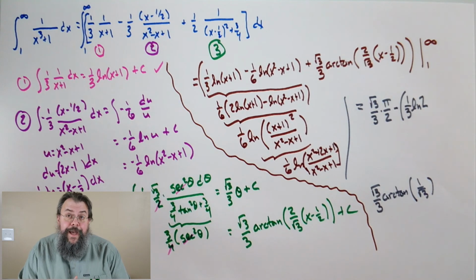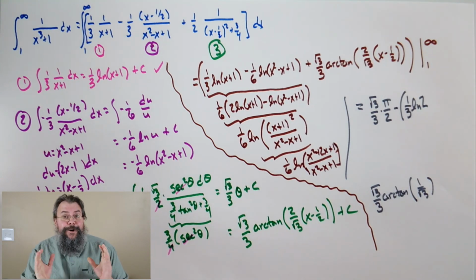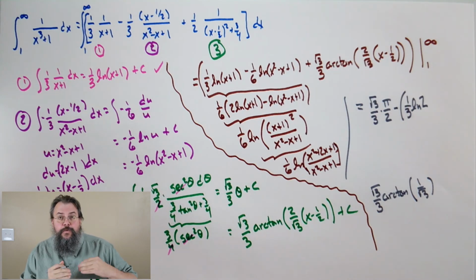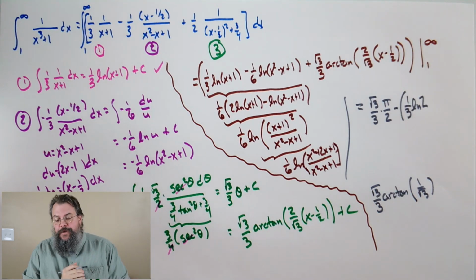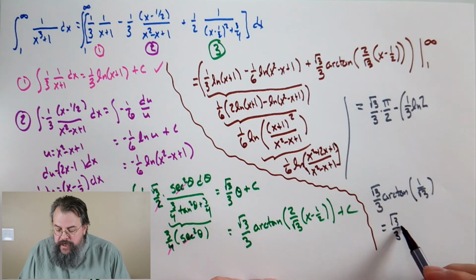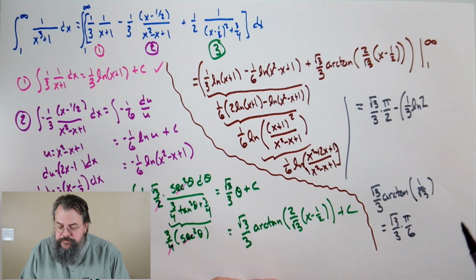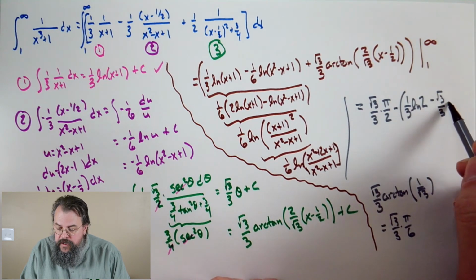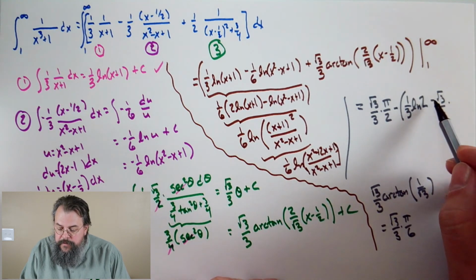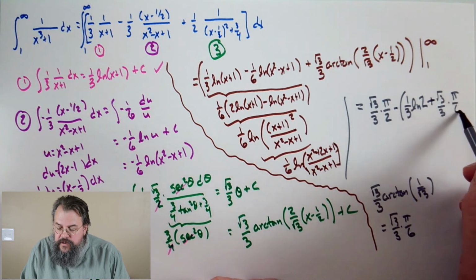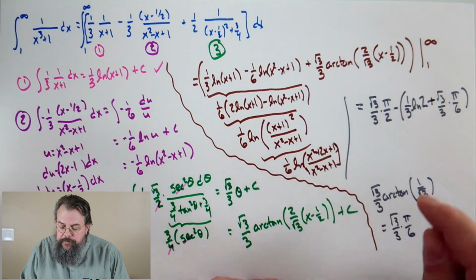Well, can we find arctangent of 1 over root 3? Turns out we can. It's actually a nice angle. The angle where the output of tangent is 1 over root 3 is pi over 6. So minus a root 3 over 3 times pi over 6. The minus comes from the subtraction there.